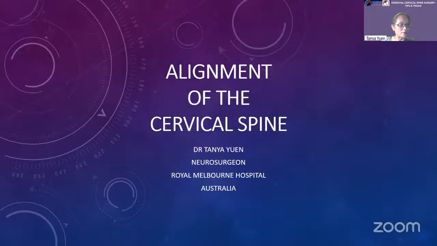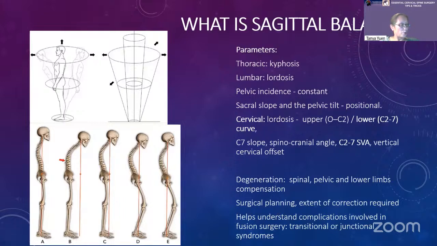By way of introduction to these topics, I'm first going to give you some perspectives on the concepts of alignment of the cervical spine. So, good alignment of the cervical spine more often than not means good sagittal balance.